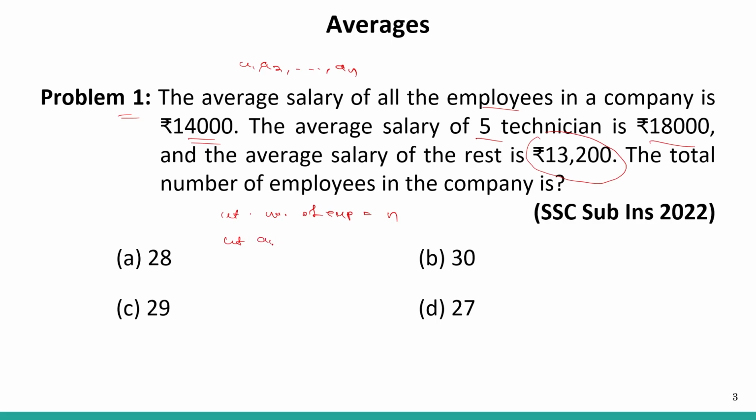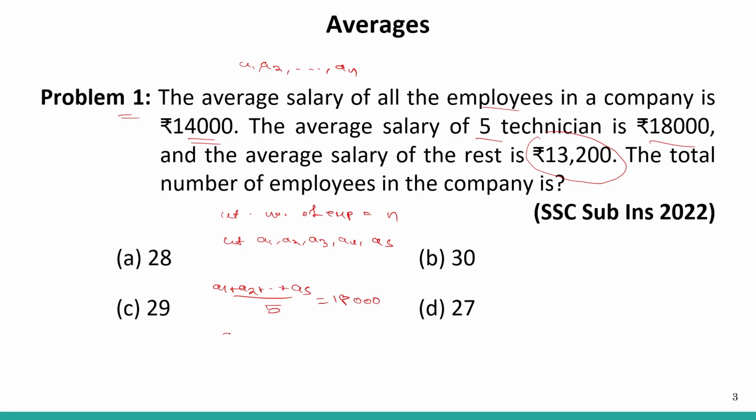Let A1, A2, A3, A4 and A5 be those 5 technicians, with their salaries represented respectively. Their average salary is A1 plus A2 plus up to A5, whole divided by 5, which is equal to 18,000.